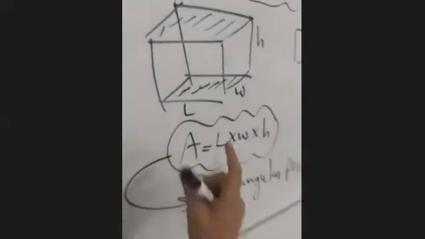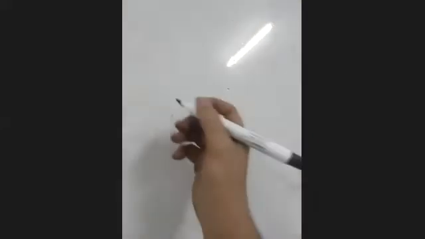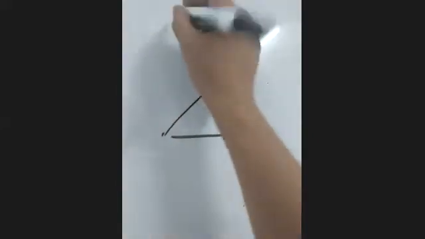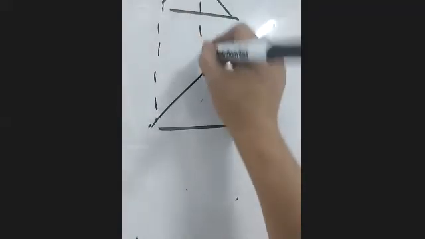Okay. Let's talk about this one a little bit. Now the rectangular prism, we said length by width by height. How about the triangular prism? Look here, guys. I'll try as much as I can to graph it.